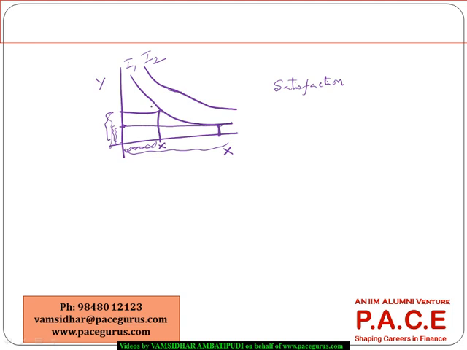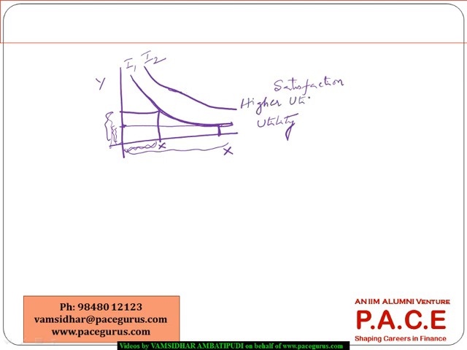According to that consumer, all these different combinations of X and Y give the same level of satisfaction or utility, whereas this one might give a higher level of satisfaction or higher utility.